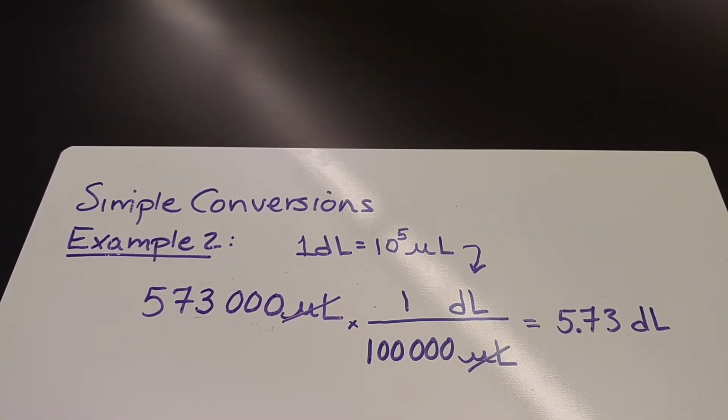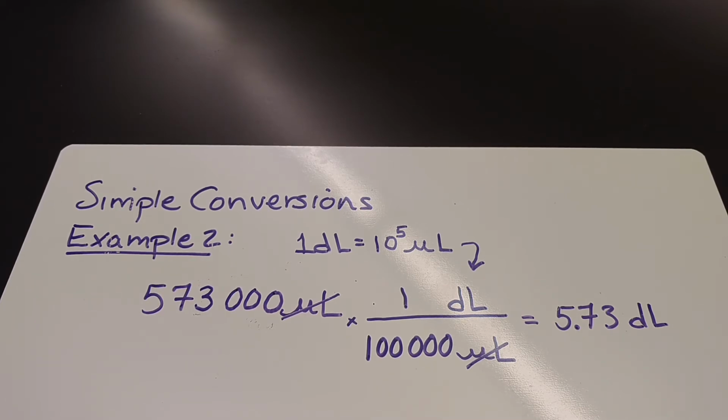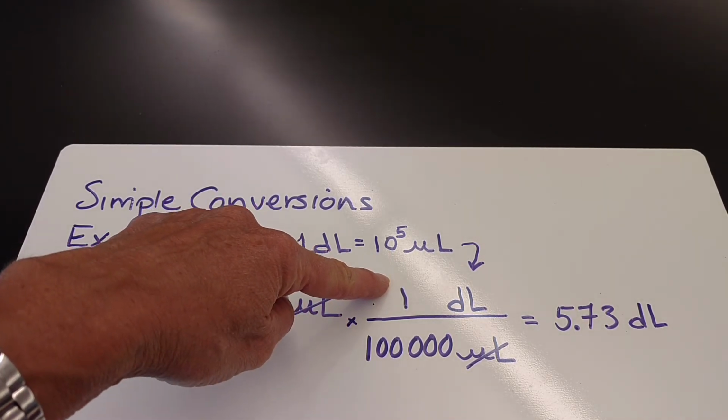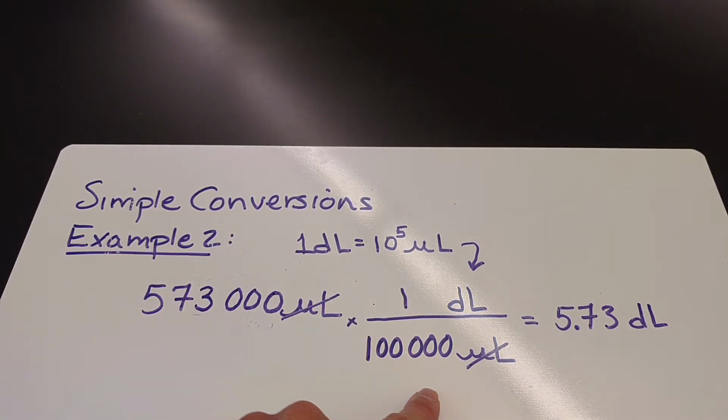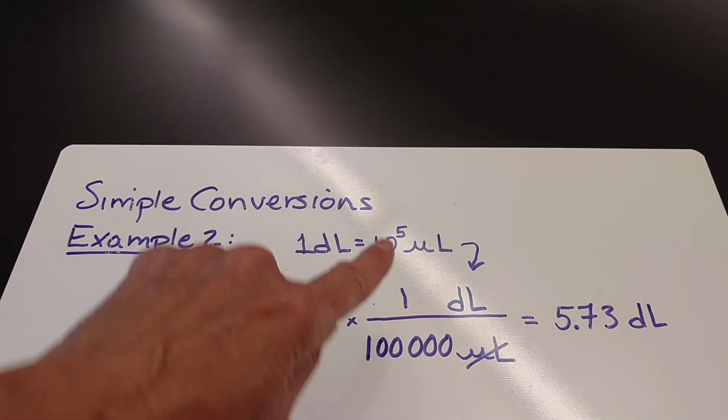So welcome back. If you did this simple conversion, example 2, correctly, you would have started with 573,000 microliters and then shown the relationship between deciliters and microliters. Deciliters is larger than microliters, so that gets the value of 1.